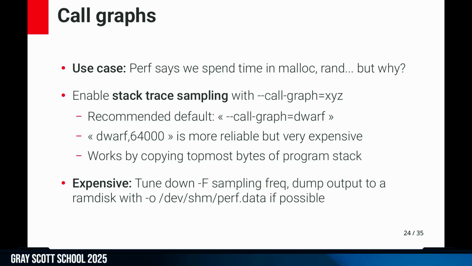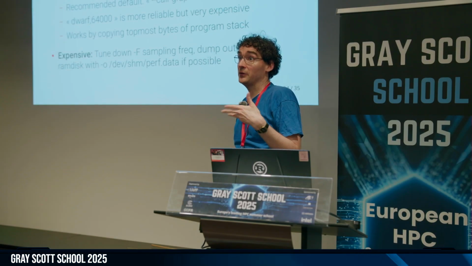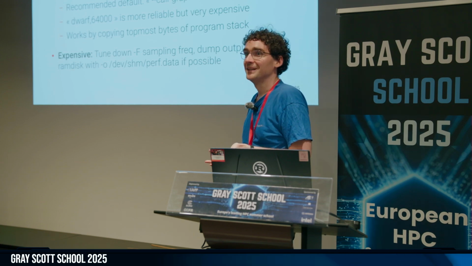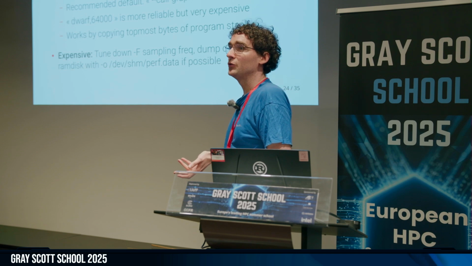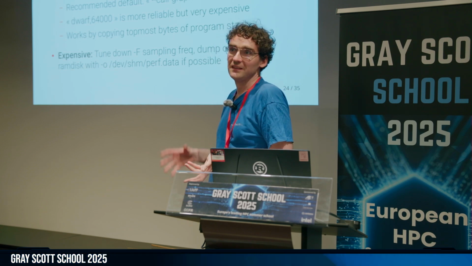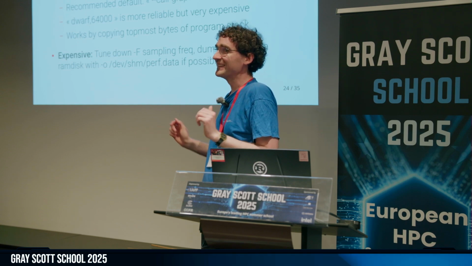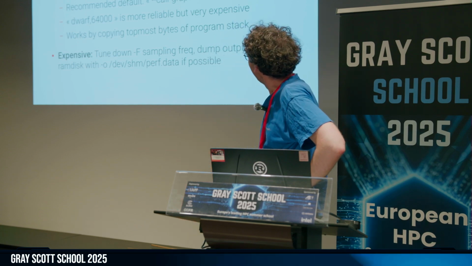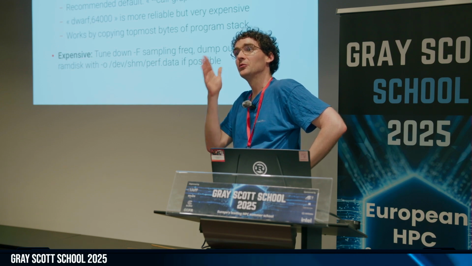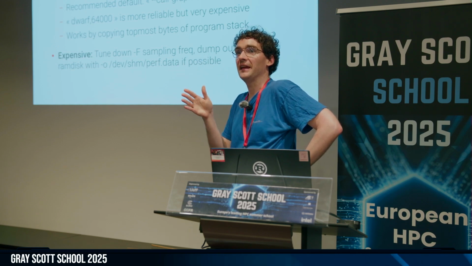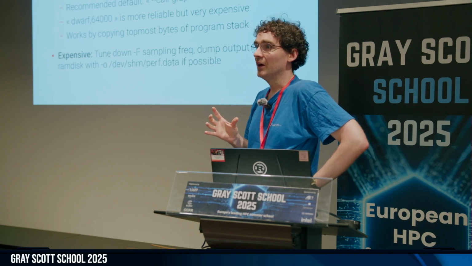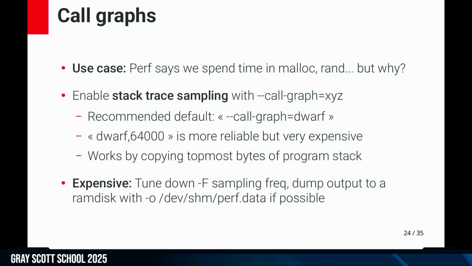And there are several ways to measure this stack trace information, and unfortunately, all of them are bad in some way. The least bad option is to use debug information, like debuggers do, because since debuggers use it, it's the most well-supported way. And because perf needs to do the work of checking stack traces like 100 times per second, 1,000 times per second, it cannot afford to do the full stack trace reconstruction.